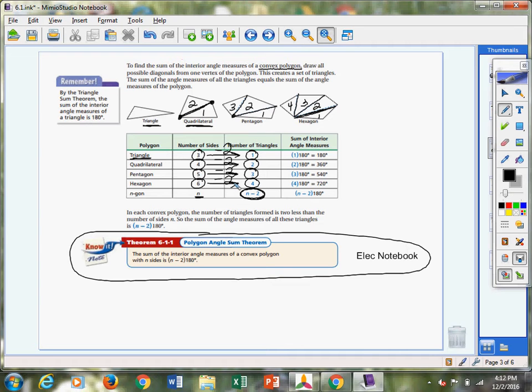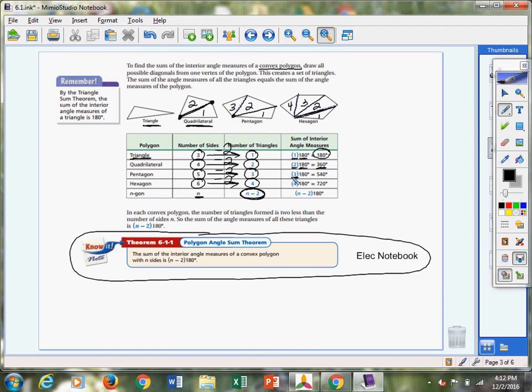Now this can form a theorem because we see a pattern. If there's one triangle, that's 180 degrees, and so 180 times 1 is 180 degrees. If two triangles are formed inside that convex quadrilateral, then 2 times 180 means there are 360 total degrees inside a convex quadrilateral.